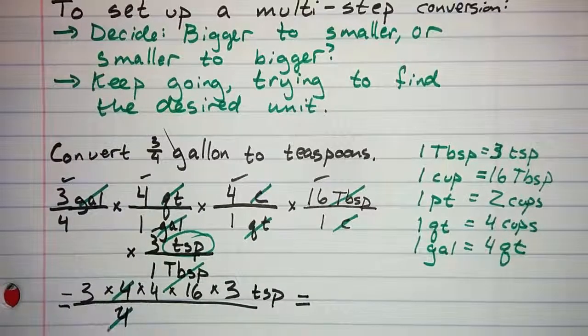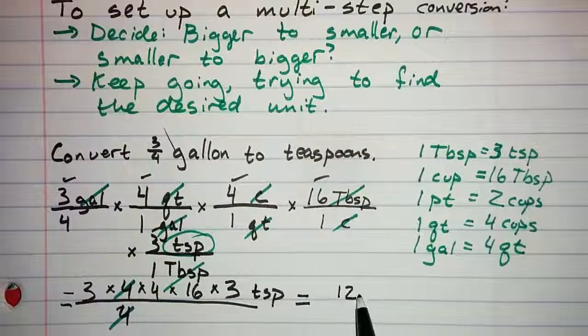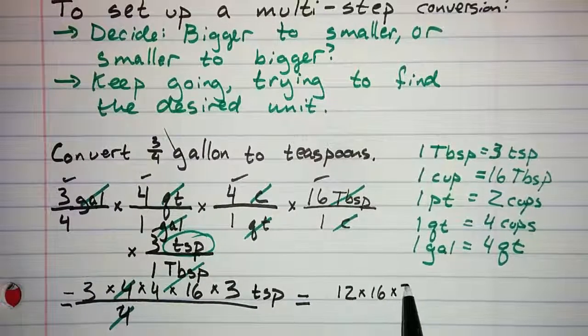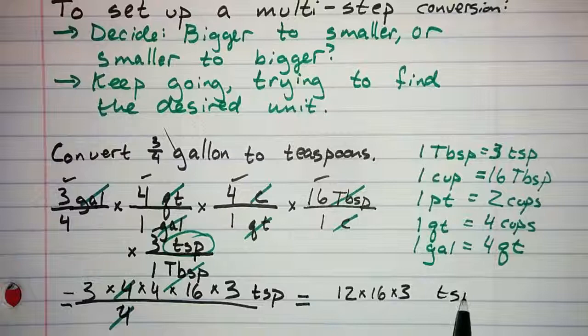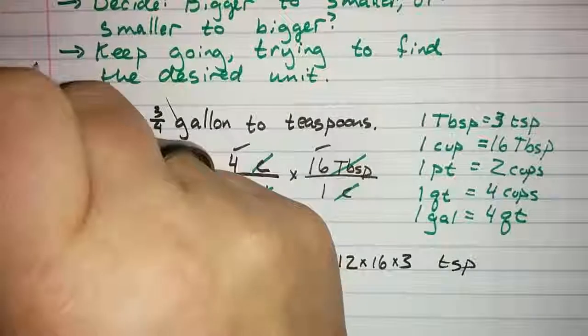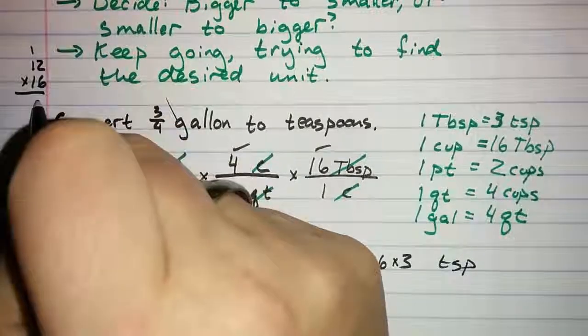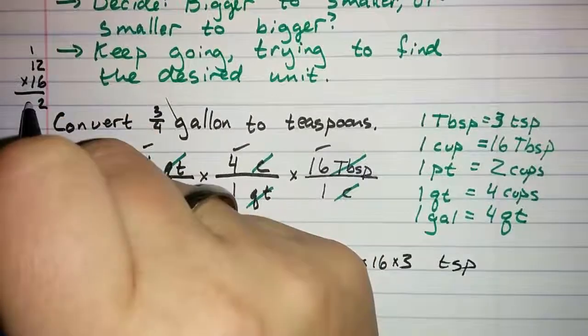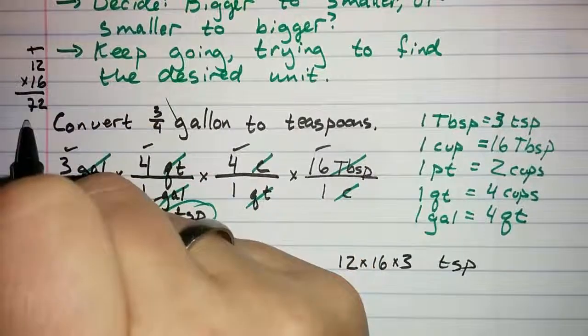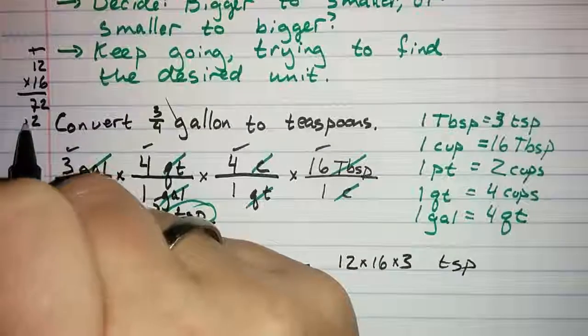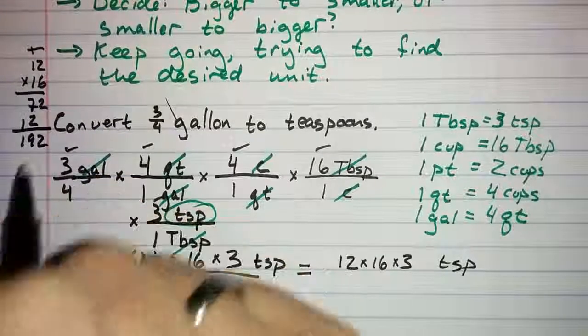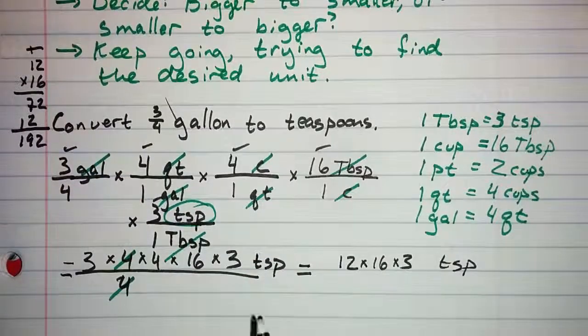So I'll have 3 times 4 is 12 times 16 times 3 teaspoons. 12 times 16, 6 times 2 is 12, 6 times 1 is 6, and 1 is 7. 1 times 2 is 2, 1 times 1 is 1. I get 192.